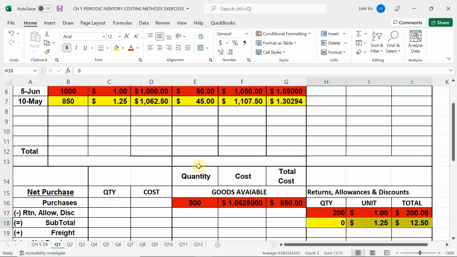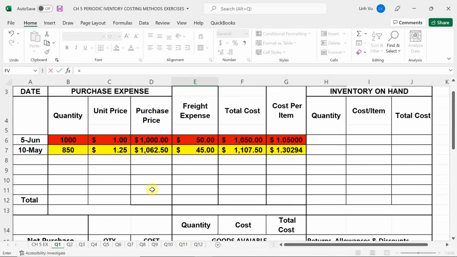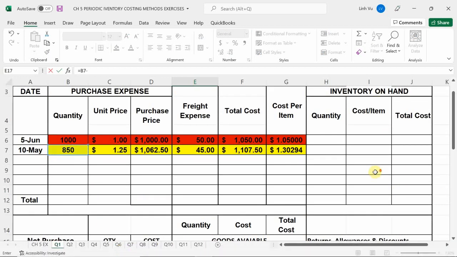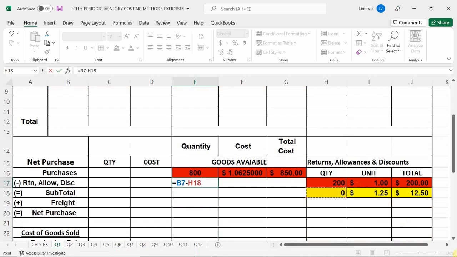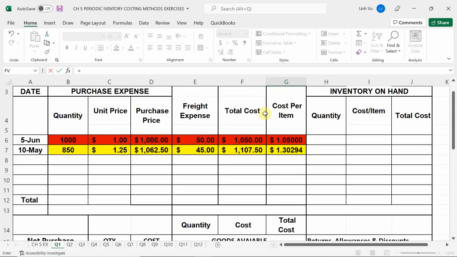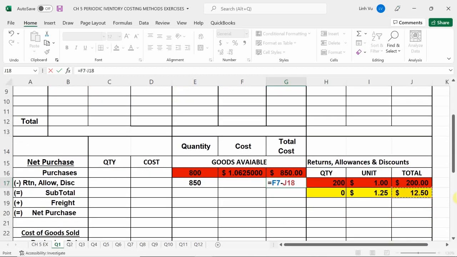Okay? So now I need to update my inventory because, even though I did not return anything, I still have the same number of units left on hand. However, my cost is different, because I didn't end up paying the full amount, since I got a discount of $12.50 for 50 of those items. So I should get a new grand total.